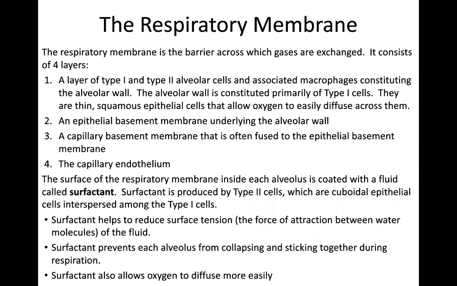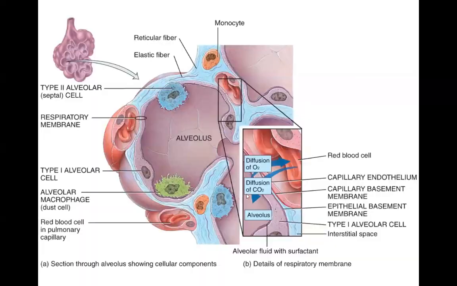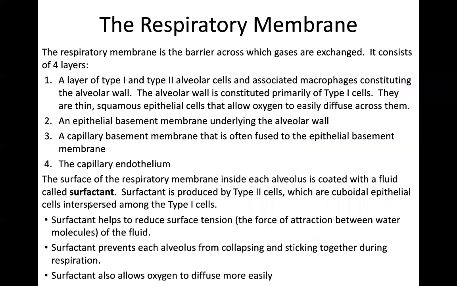Okay. Now, aside from the type 1 cells, we will find within our alveoli type 2 alveolar cells, or type 2 cells, go by septal cells, and they produce a very important fluid called surfactant, which is on the inside of each alveolus. Okay? And surfactant is important because it reduces surface tension, which is the force of attraction between water molecules.